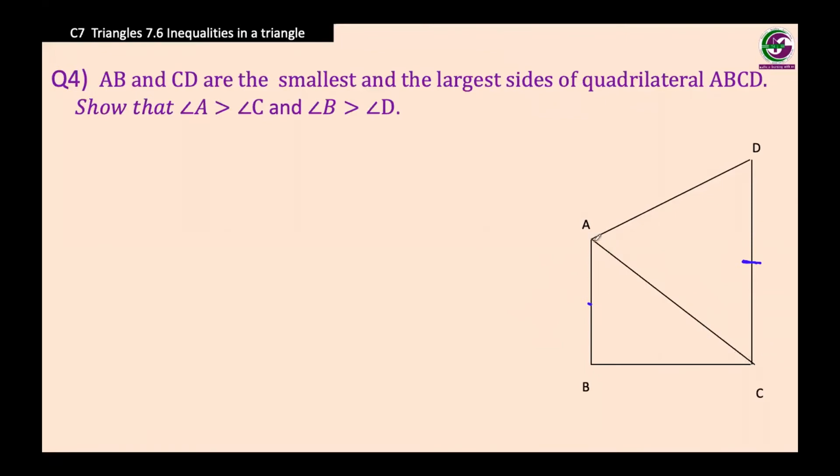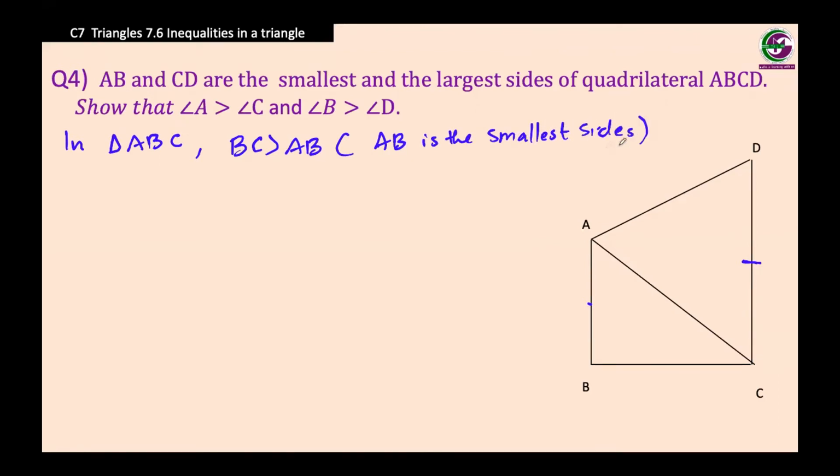So let us take the triangle ABC. In triangle ABC, AB is the smallest of all the sides, which means AB is smaller than BC, or BC is greater than AB. Why? Because AB is the smallest, so all the other sides of the quadrilateral will be larger than AB.